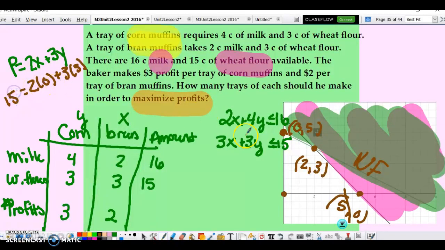That is my profit for this top point at (0, 5). If I were to sell 2 bran muffins and 3 corn muffins, I would make $9 plus $4, and that would make $13. So out of those 2, the amount of money that I make the most at appears to be at the point (0, 5).